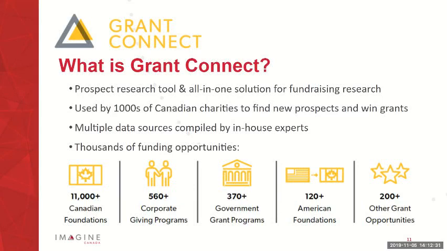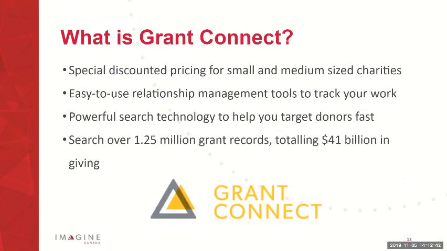So Grant Connect can give you the data that you need to not only cut down on the time it takes to do your prospecting, but it can also help you make more accurate and successful requests for funding. And really, because our mission is to support the charitable sector, we have a number of great features associated with Grant Connect.